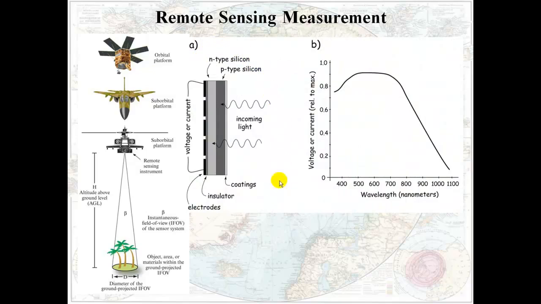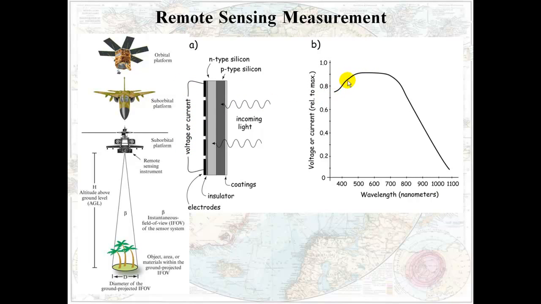Well, there's a bunch of electronics in these sensors, and the electronics are sensitive to certain wavelengths of light. So in this example, if wavelengths of light in these wavelength bands, let's say 500 to 700 nanometers, hit the sensor, it's going to produce a voltage output.